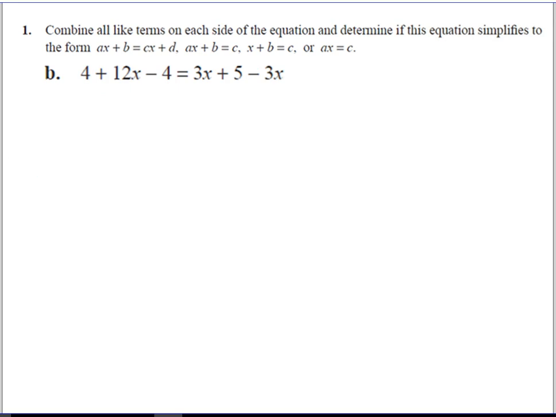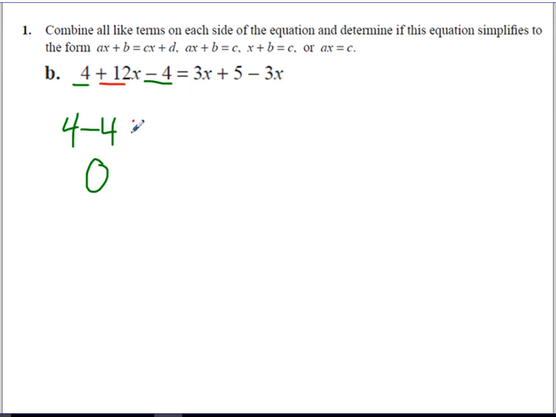Our next example, we have things to combine on both sides. So let's go for our constants first. Here we have 4, and we have -4, which we know subtracts to get us 0. And then we have plus 12x.